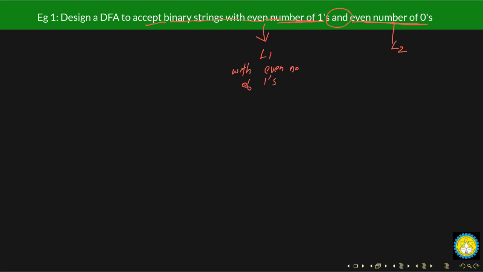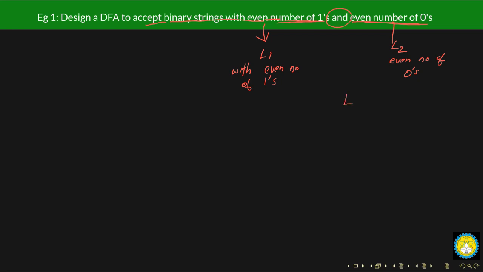And language 2 is strings with even number of zeros. So we don't want to find the individual DFAs. We want to design a DFA that will accept the binary strings with even number of ones and even number of zeros. So we want to find an intersection.